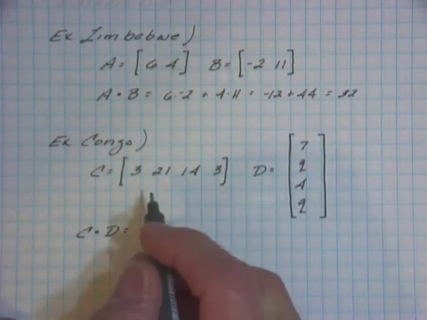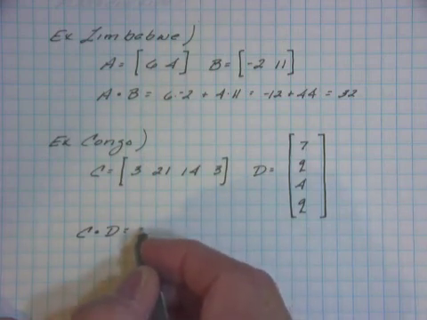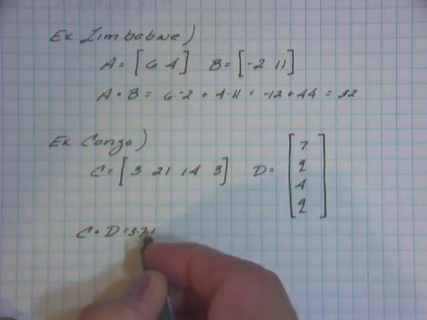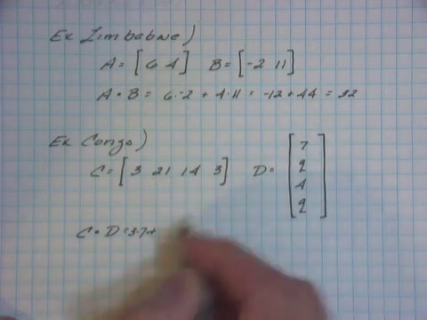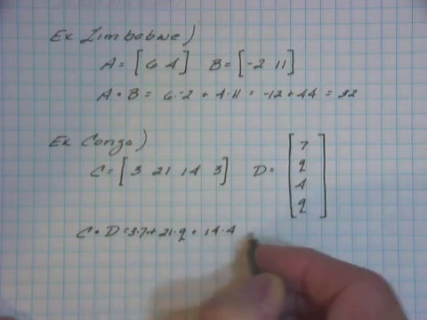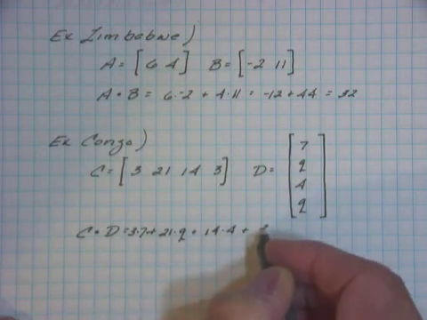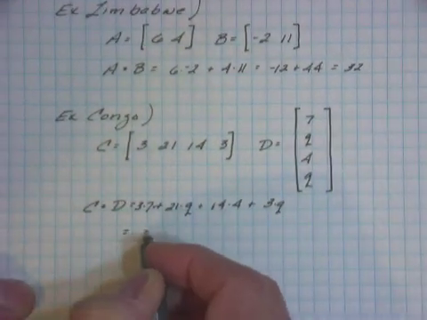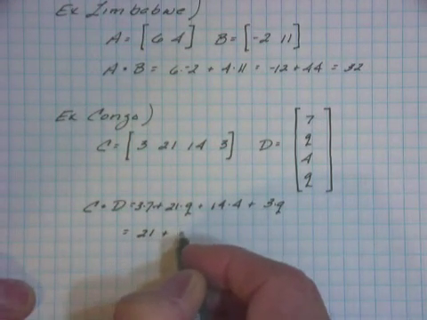What we're going to get is an expression. But let's go through the product. So we take the first element of each, 3 times 7, and then we add 21 times Q, and then we add 14 times 4, and then we add 3 times Q.